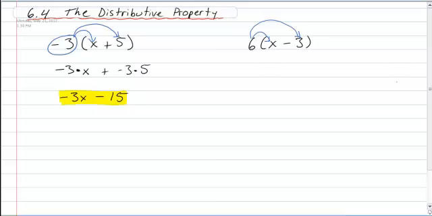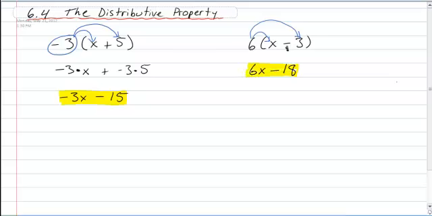And we always have to think of negative times negative, negative times positive. Right now this is positive 6 times positive x, which is equal to 6x, and then 6 times negative 3 here, alright, equals negative 18. And that's how we expand this expression.